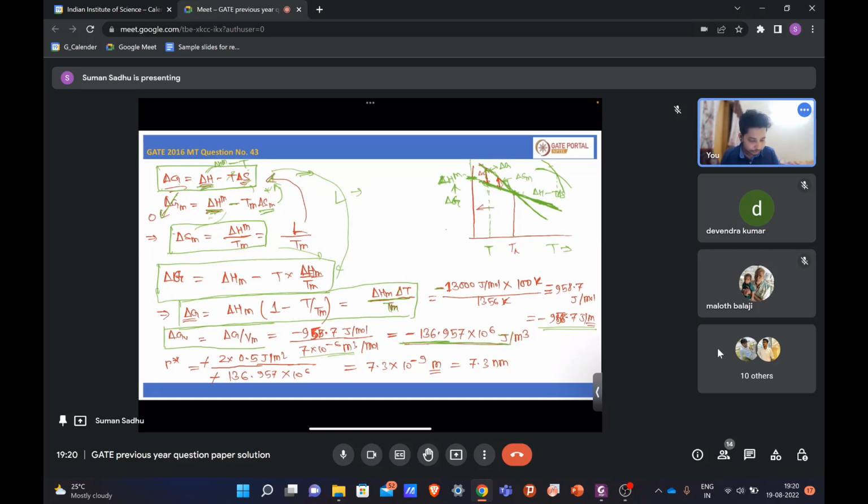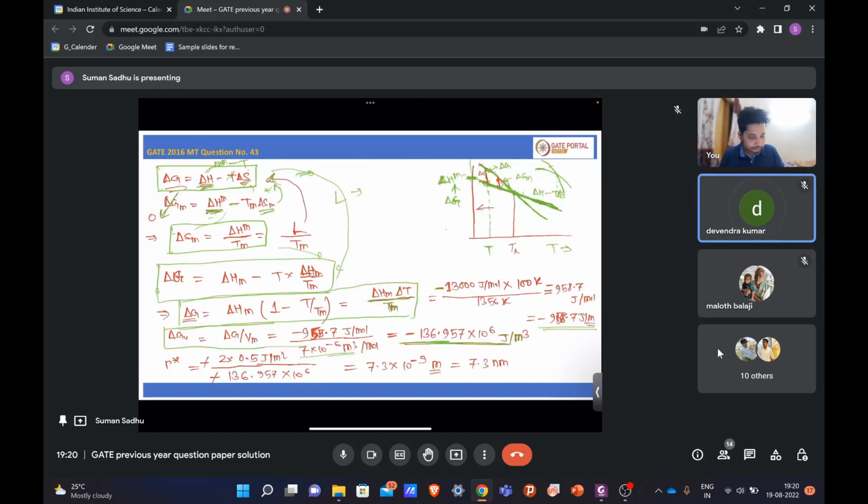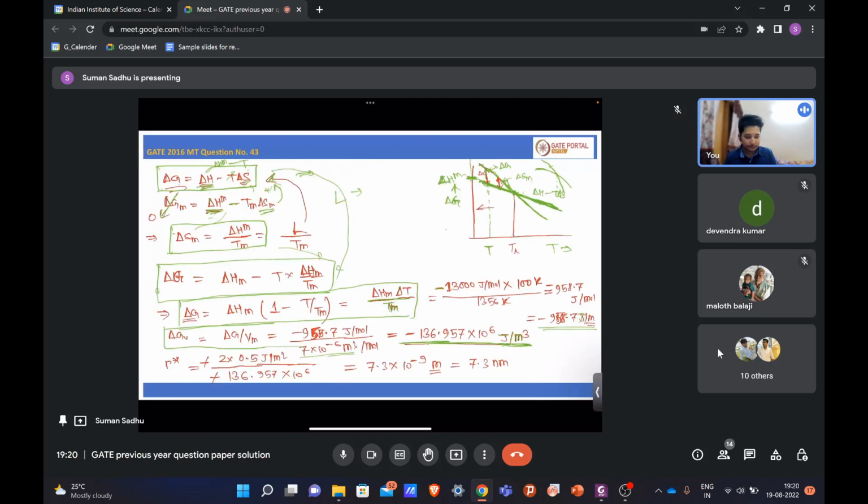Even if you don't remember this, you can simply follow the units, right? Initially it was joule per mole. Now you have to get joule per meter cube, because it is the volume free energy. So you have to divide it by the molar volume. Now you have got delta GV also.